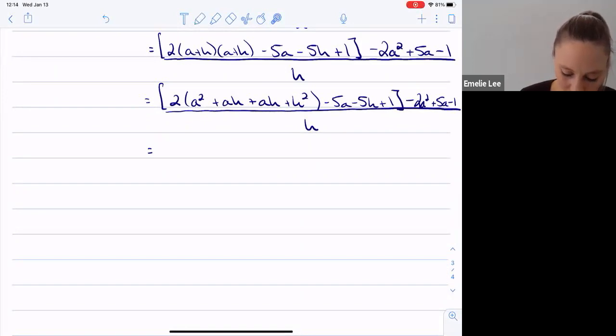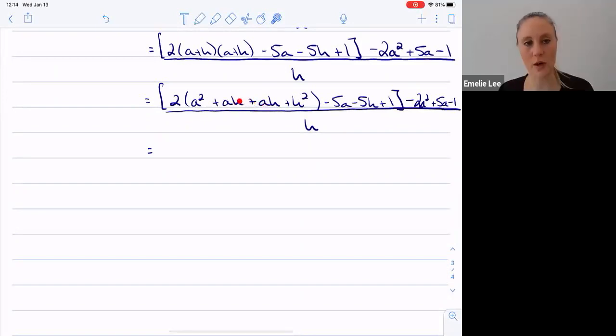So I will collect the ah. So here I've got 2ah, and in the same move, I'm going to bring in this 2 and multiply it inside.